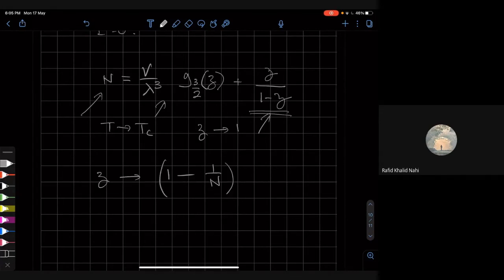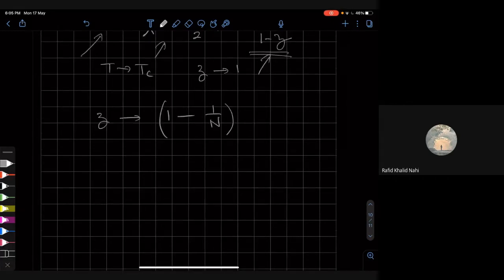The fugacity is a weird kind of function where, as the temperature goes down, as the temperature goes to zero, z goes closer and closer to this value. It does not decrease below T equals Tc.